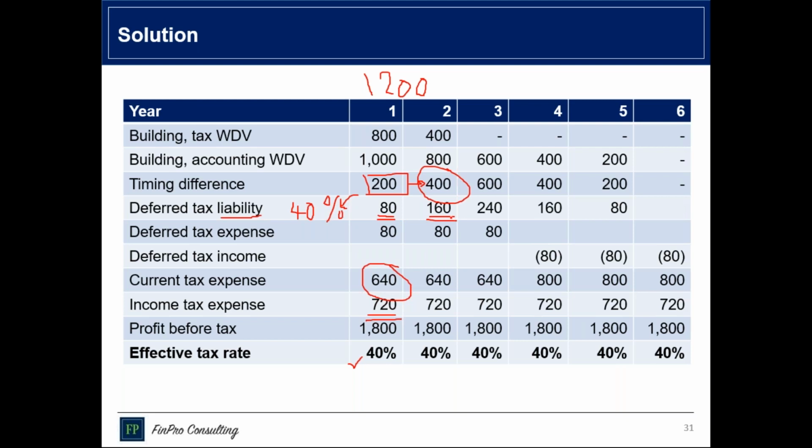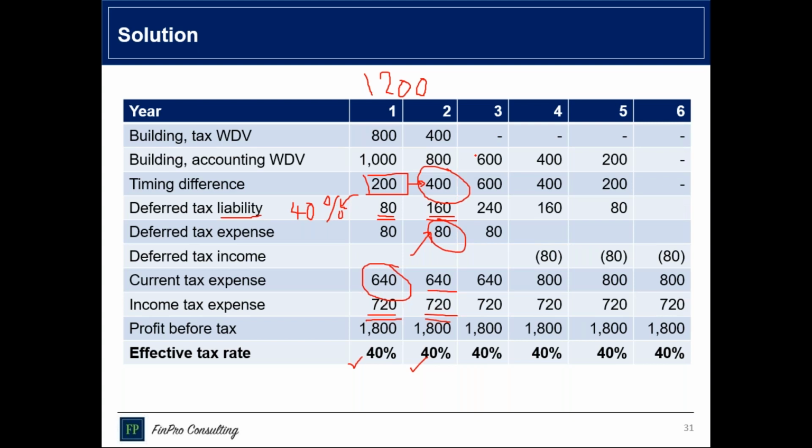So the total liability to be recognized at the end of the second year will be 160, out of which we have already created a liability of 80 in the first year, and therefore you will only recognize the balance 80 in the second year. So again, 640 is my current tax expense, 80 rupees is my deferred tax expense, and total expense 720. Again, my statutory and effective tax rate is 40%.